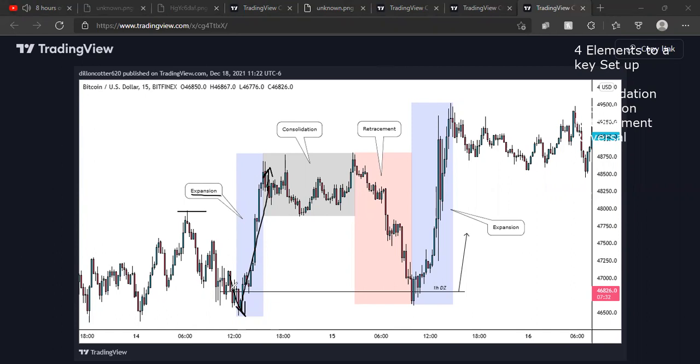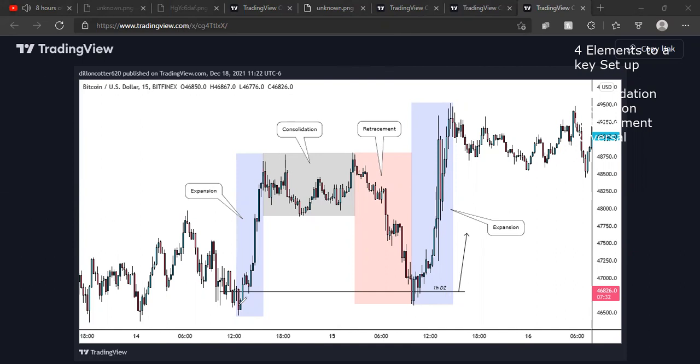And there will be times where consolidation is not your number one and expansion is your number one. Like I said, it just takes time to train your eyes and your muscle memory to detect these things in the market, and it will get easier.